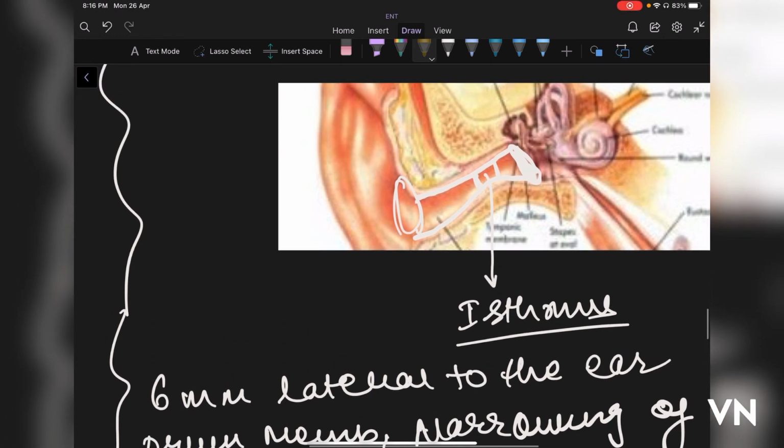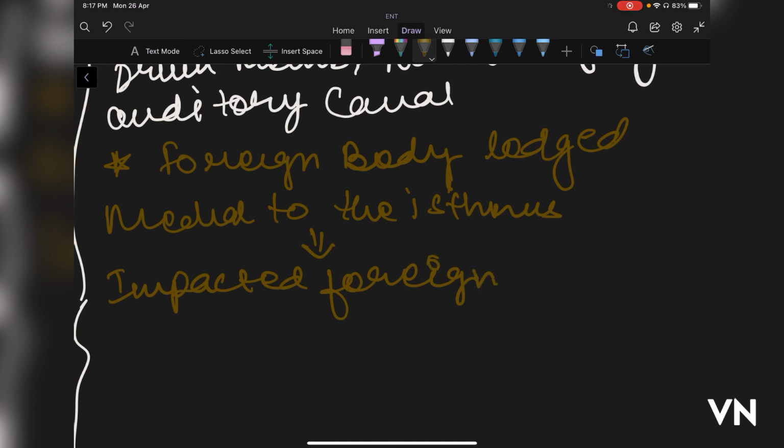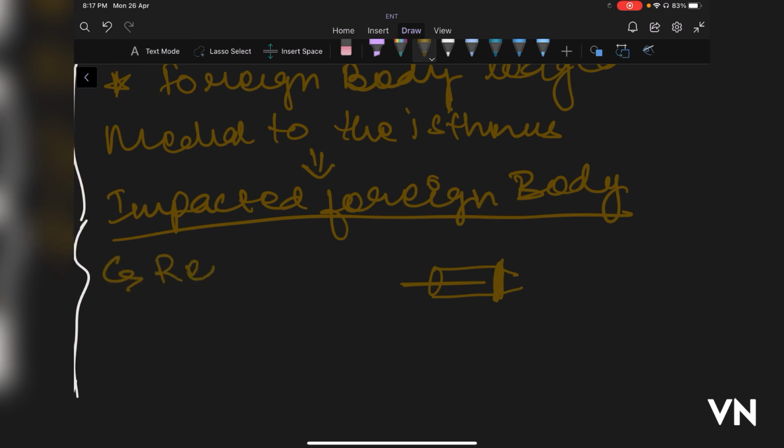This was the narrowing that I showed you. Then it will be called an impacted foreign body. So they are difficult to remove. That is why this isthmus narrowing is important.